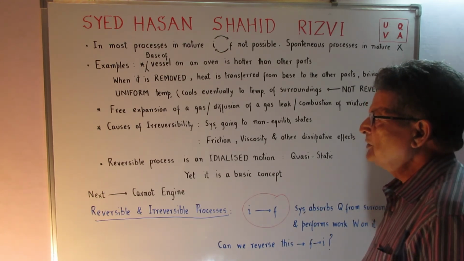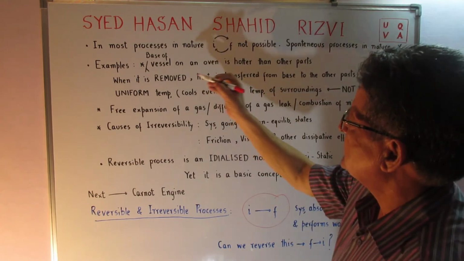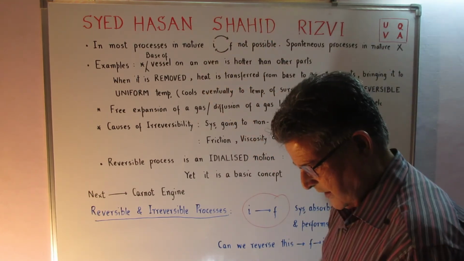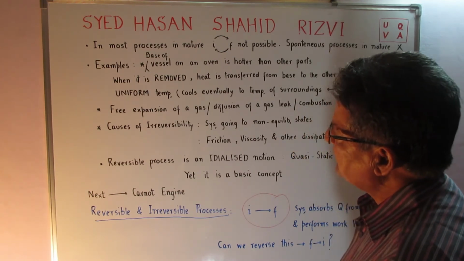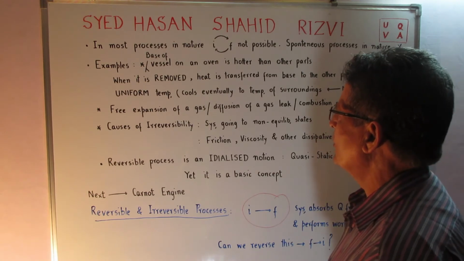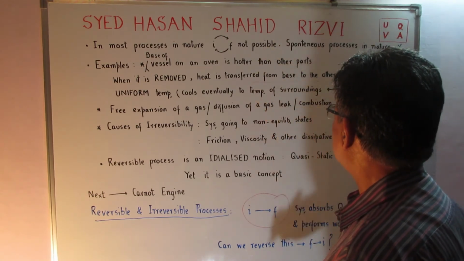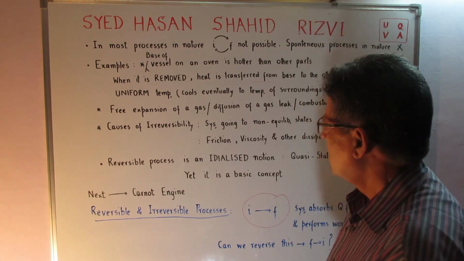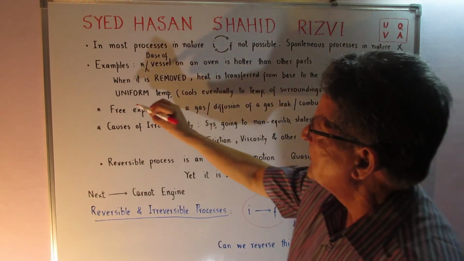Some examples: the base of a vessel on an oven is hotter than the other parts, and if the vessel is removed from the oven, heat is transferred from the base to the other parts, bringing it to a uniform temperature.